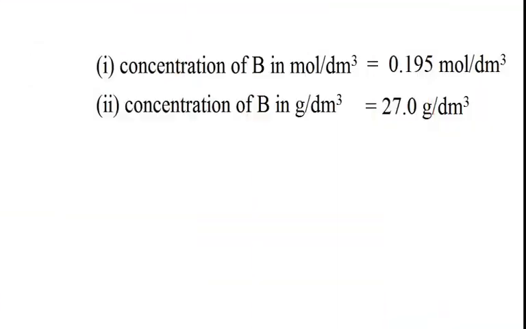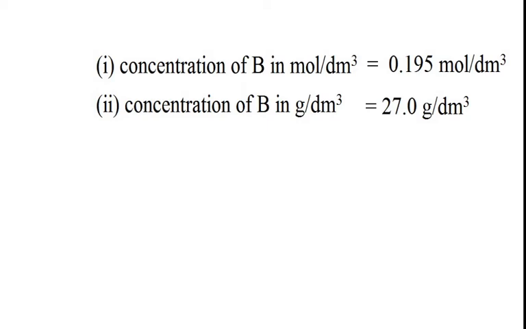Alright, from the calculation, our concentration in mole per dm cube is going to be 0.195 mole per dm cube. Hope you got it right that way. Then our concentration in gram per dm cube is going to be 27.0 gram per dm cube.